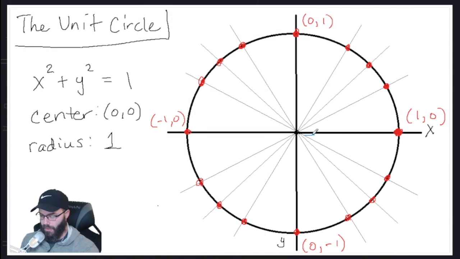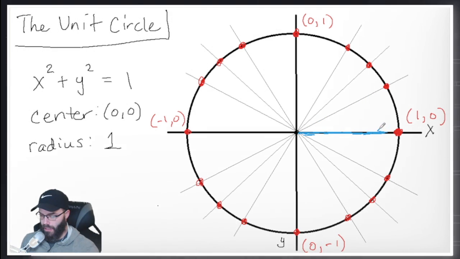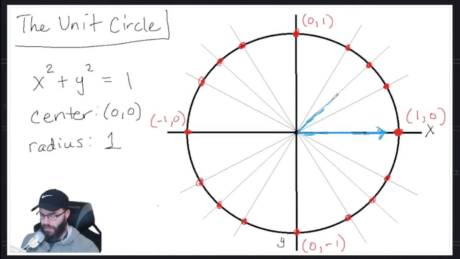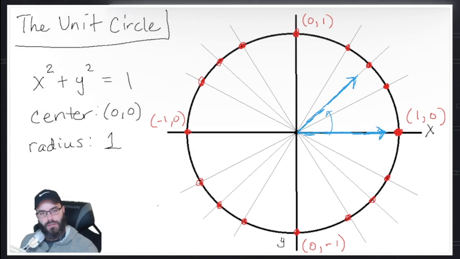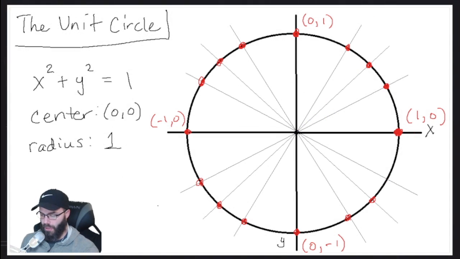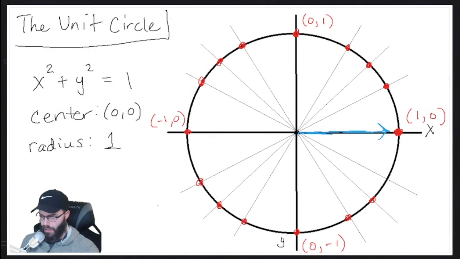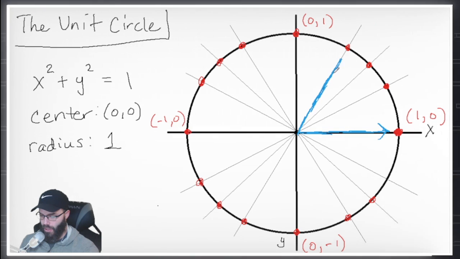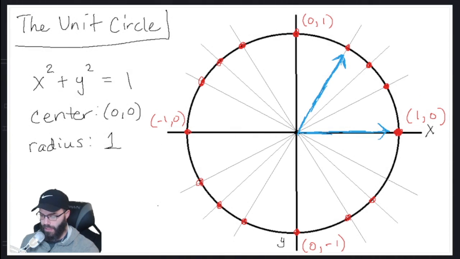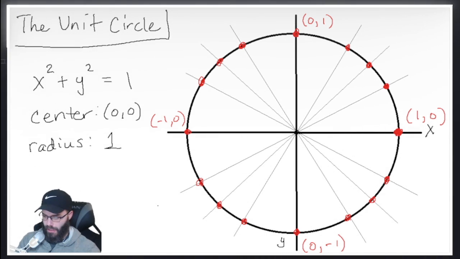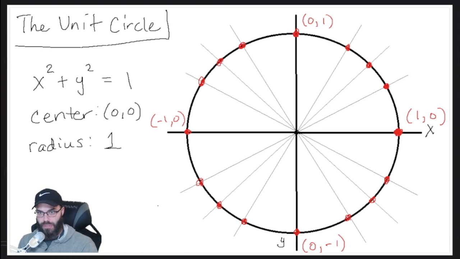I could say, okay, well, here's the initial side. Here's the terminal side. So what angle would that create from here to here? And so on. So then I could say, okay, this initial side here and this terminal side. What angle is created? What degree measurement is that, right? So the unit circle is very special in that the angles never change and the exact values, what we're going to call exact values, never change.